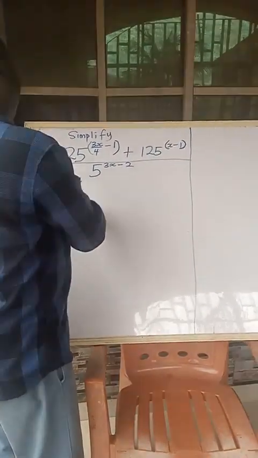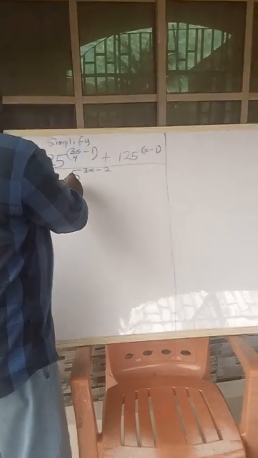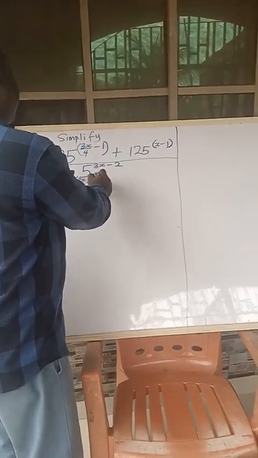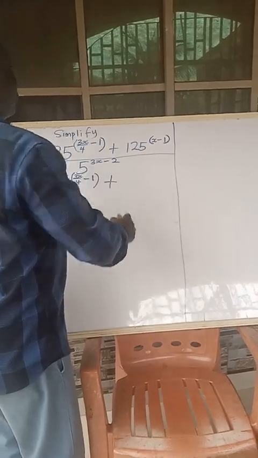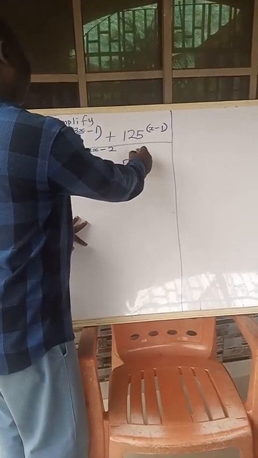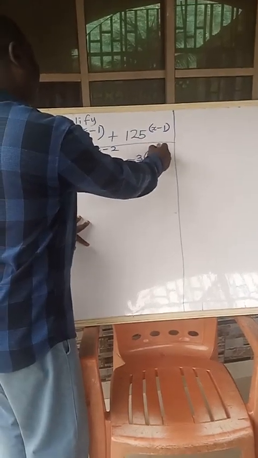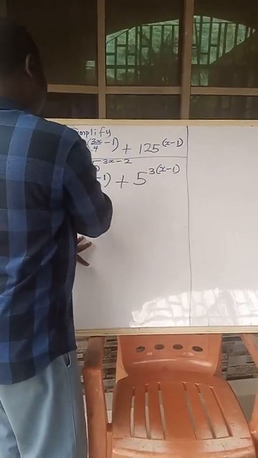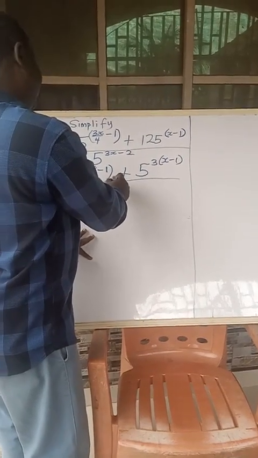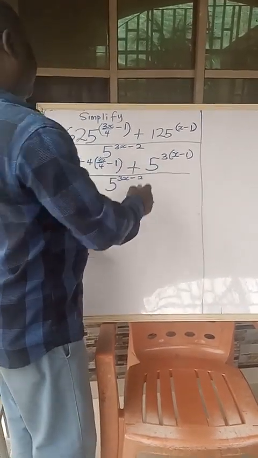So 5 raised to power of 4 bracket 3x over 4 minus 1, and plus 125 is the same thing as 5 raised to power of 3, and bracket x minus 1, and all over 5 raised to power 3x minus 2.